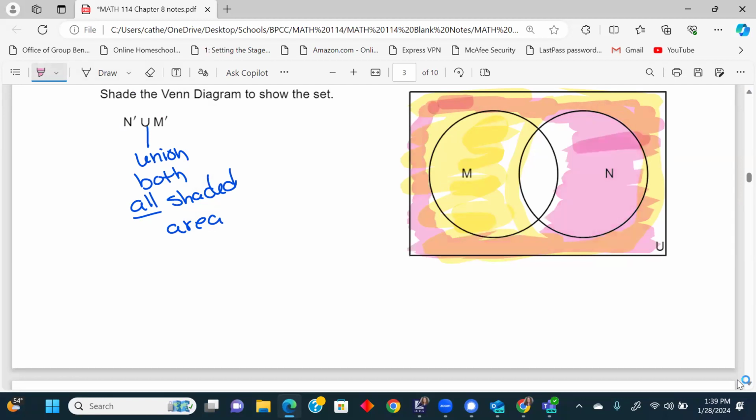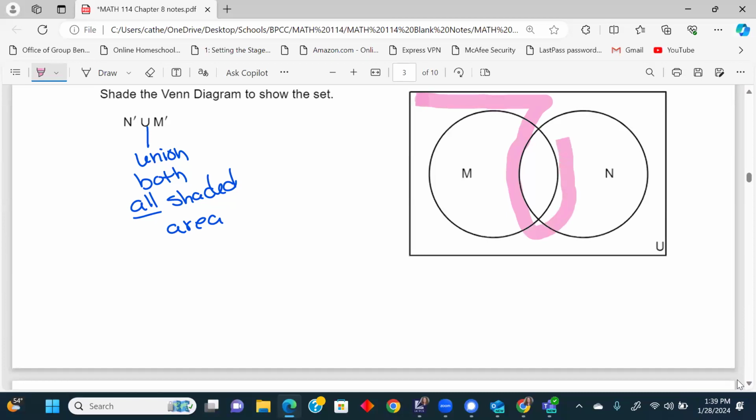All right. We went all outside of N, all outside of M. So the only thing that would not be shaded is that little sliver in the middle. Okay, so we want olive shading. So I'm going to go back. So we ended up shading everything except for that little sliver there.